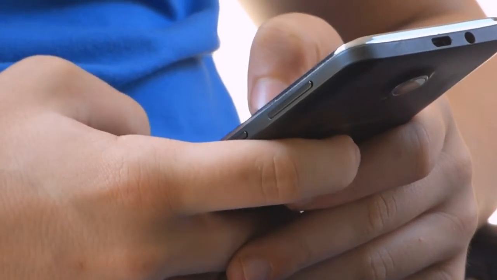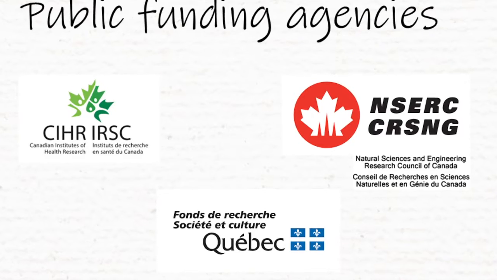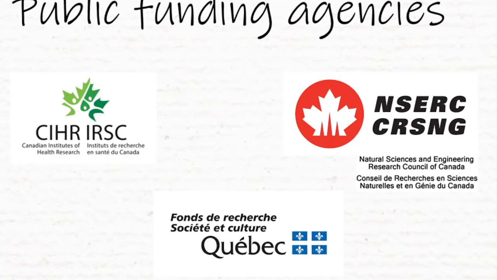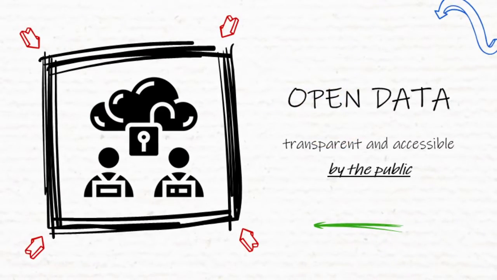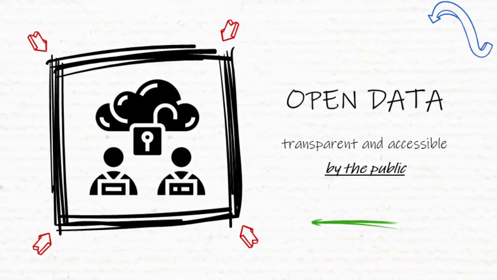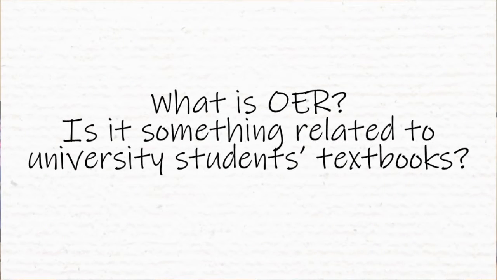Open data is an umbrella term for all of those things, and a key aspect is being publicly accessible. Part of that is usually for grants. The funding comes from federal and provincial public agencies, and as part of a stipulation of that funding, the research outputs of those projects need to be transparent and publicly accessible.